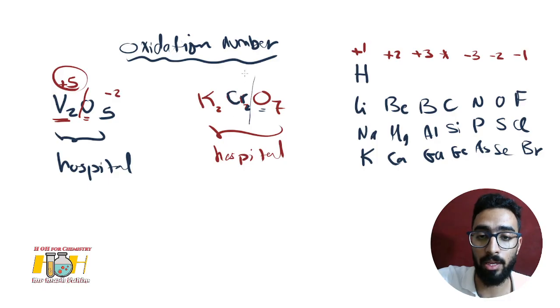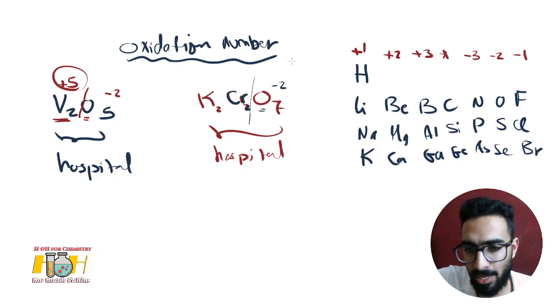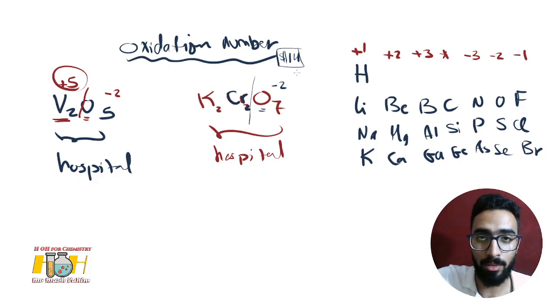The oxygen wants $2, and you have 7 oxygen atoms, which means all of them want $14.